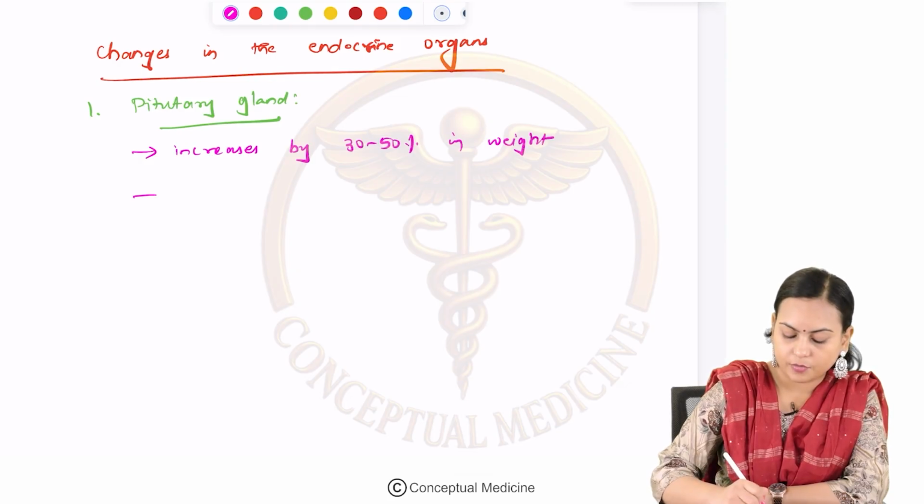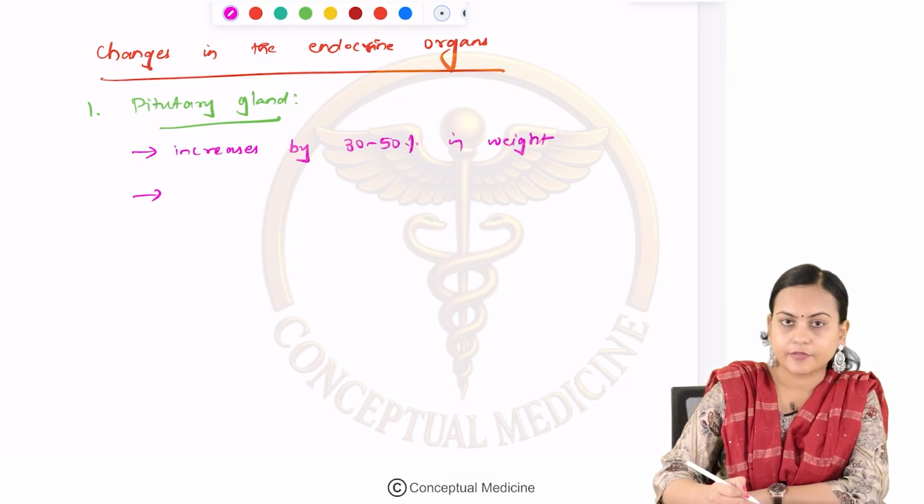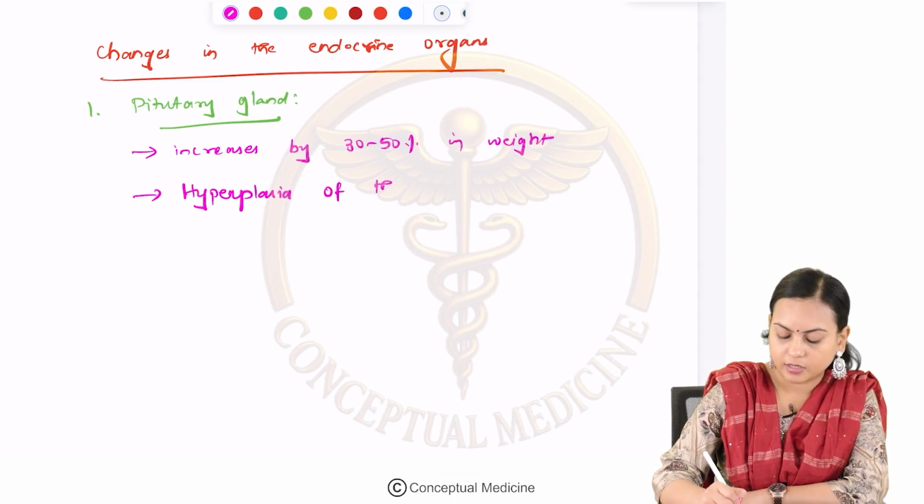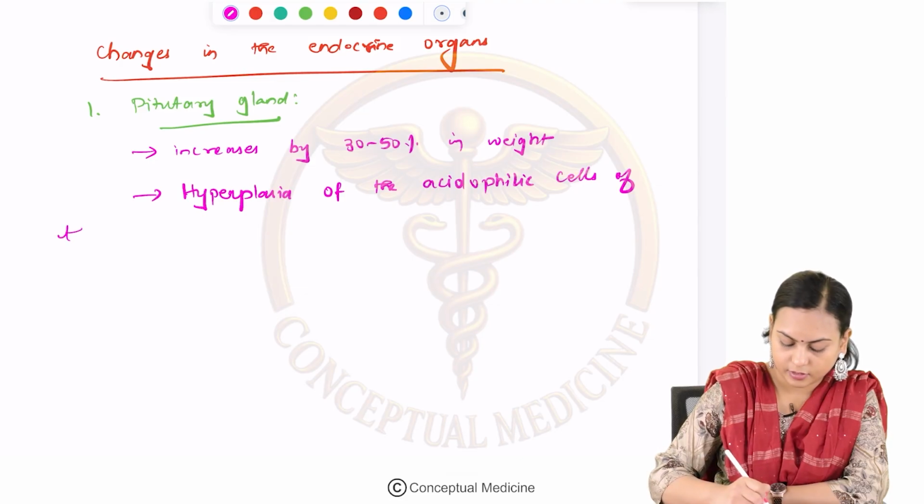Mostly this increase in the weight of the gland is brought by the hyperplasia of the acidophilic cells of the anterior pituitary.